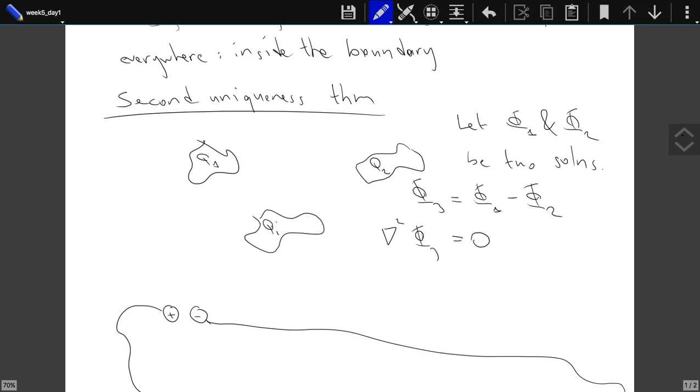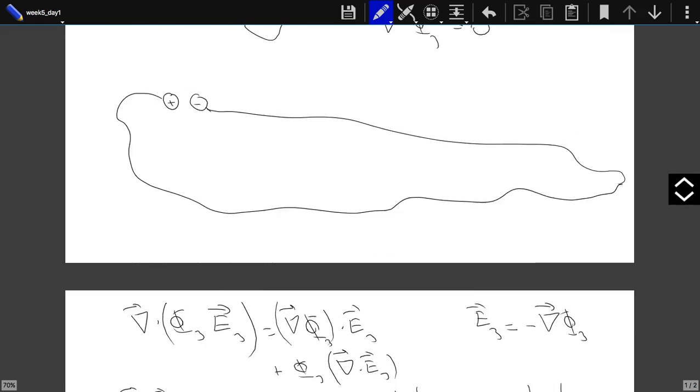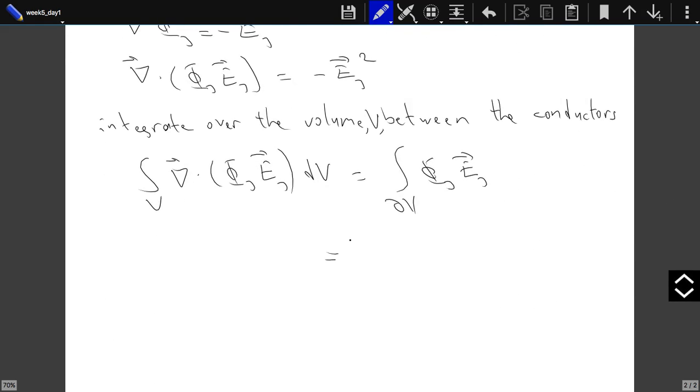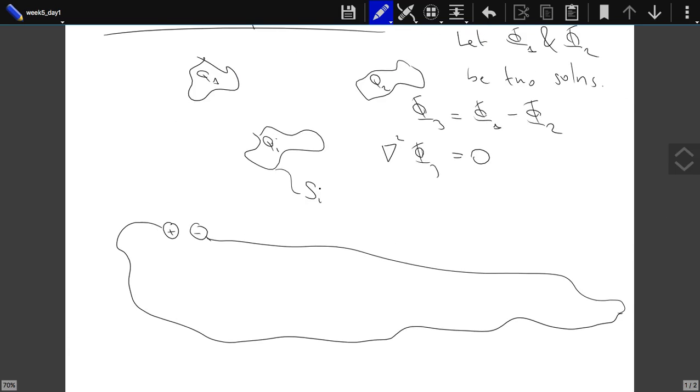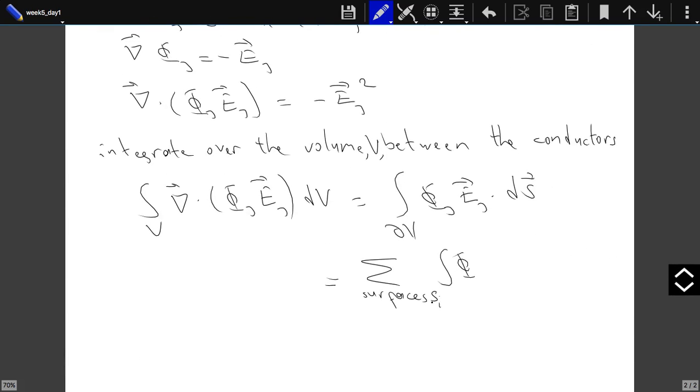So they are just disconnected surfaces, and this surface integral is just the sum, with dS, over all the surfaces Si, of the integral over Si of phi3 E3 dot dS.